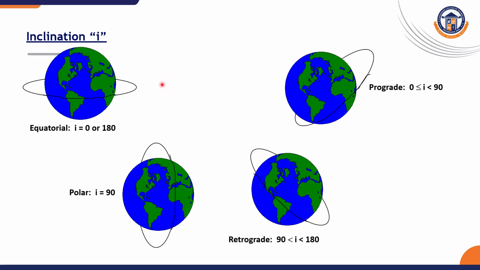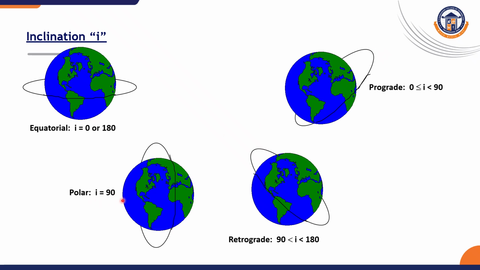Based on inclination, there are different orbits. Equatorial orbit has I equal to 0 or 180°; the orbit is in the equator. If the angle of inclination lies between 0 and 90°, the orbit is called a prograde orbit.